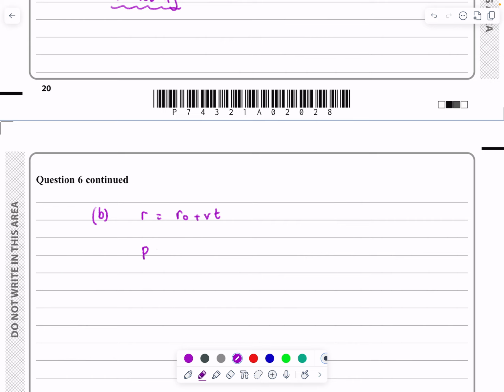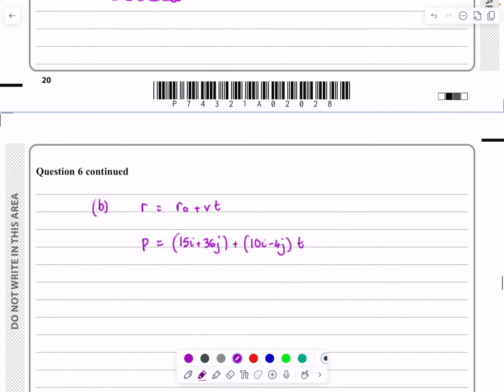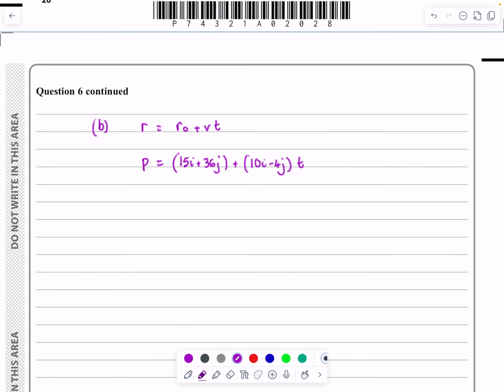They're saying, where is it going to be generally after time t? Well, where did we start off from? 15i plus 36j. And then we now know our velocity, 10i minus 4j, times t. So I can write it like that. That's fine. That would be the answer.